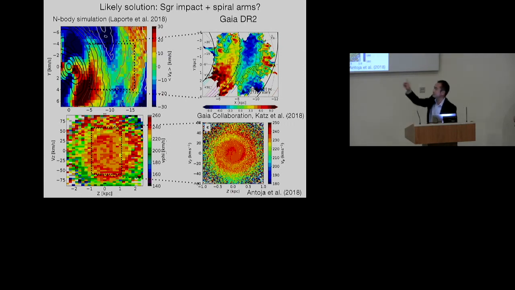So his model is a self-consistent model, and I'm happy to see that they get these features quantitatively. But if they have an even higher resolution model, or try a different Sagittarius dwarf mass or orbit, then you may be able to see this. So I'm saying this is going way forward, but I think we need a higher resolution simulation.